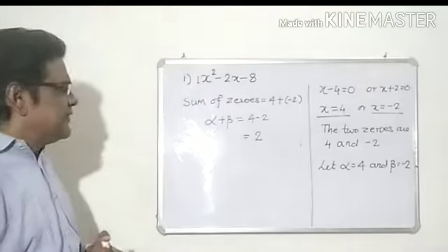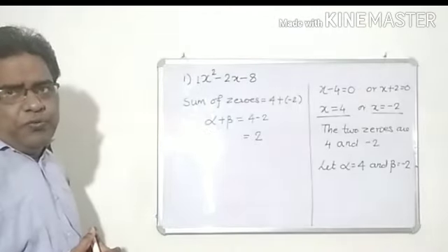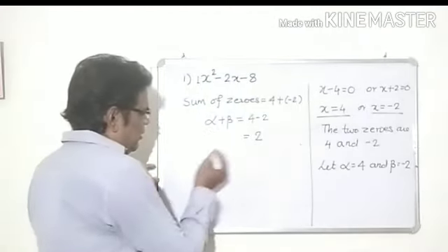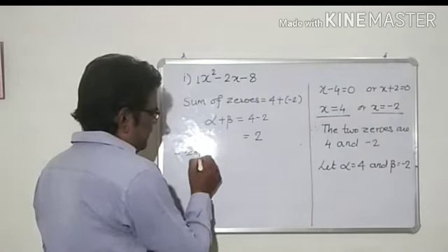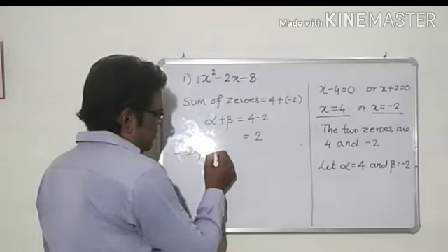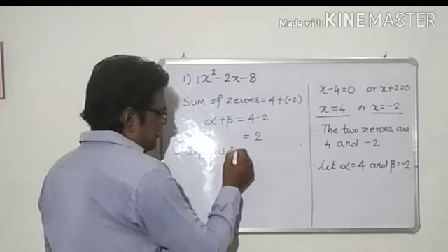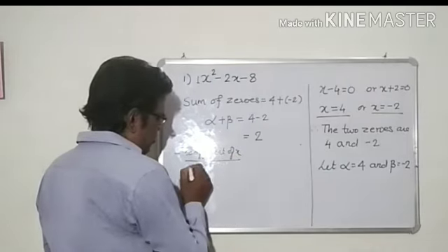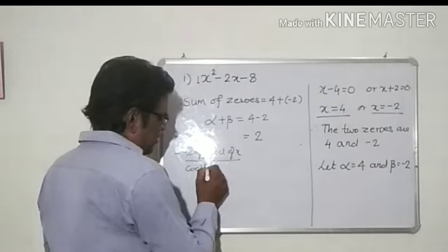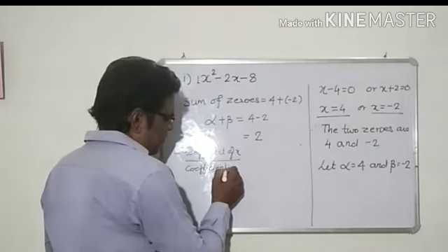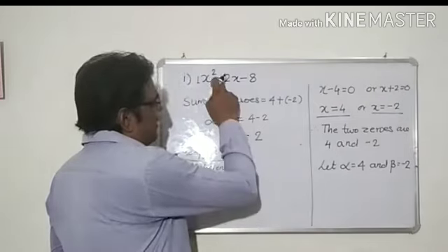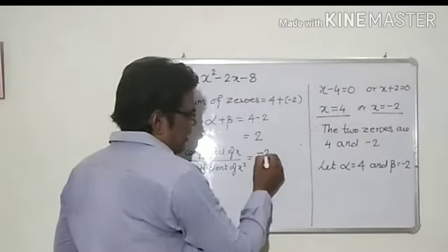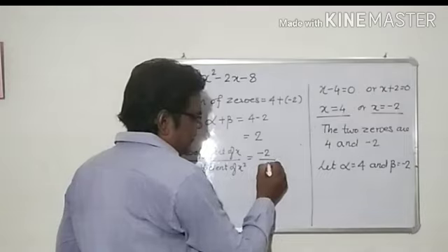Now let us see the coefficient. So now if you do minus of coefficient of x upon coefficient of x square. So coefficient of x is minus 2 and coefficient of x square is 1.